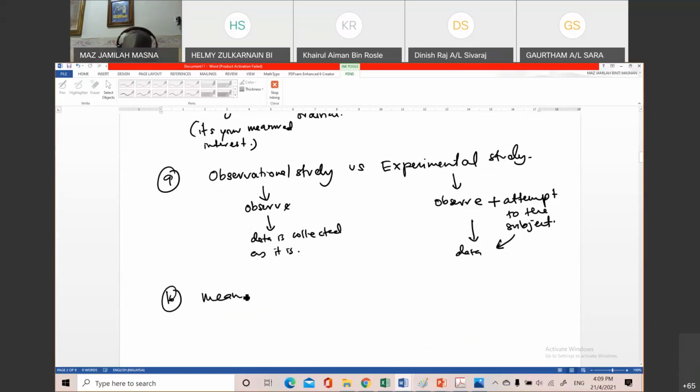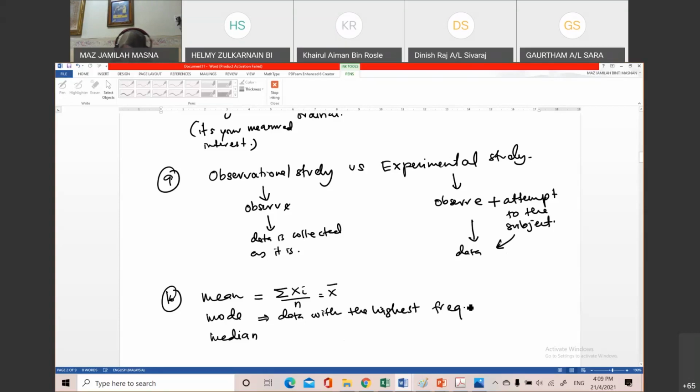Mean, mode, median. What is mean? How to get mean? It's the summation of xi divided by n, and you get your x bar. Your mode is the data with the highest frequency.